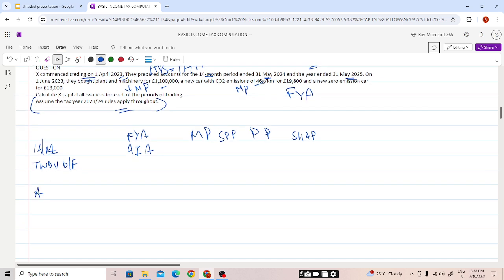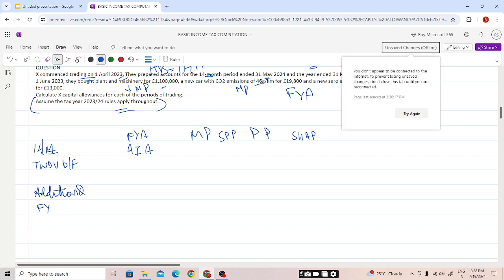Now additions qualifying for FIA and AIA. For FIA we have the zero CO2 emission car, that is 100%, so we will claim 13,000 pounds in the allowance column.